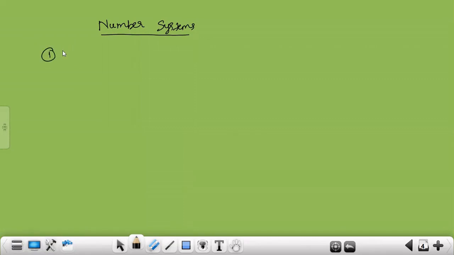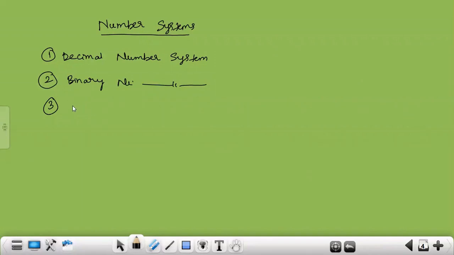First one is called the decimal number system. Second one is called the binary number system. Third one is called the octal number system.